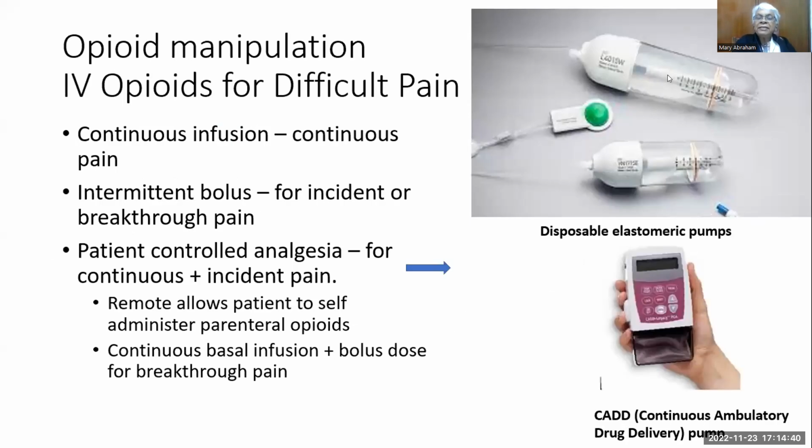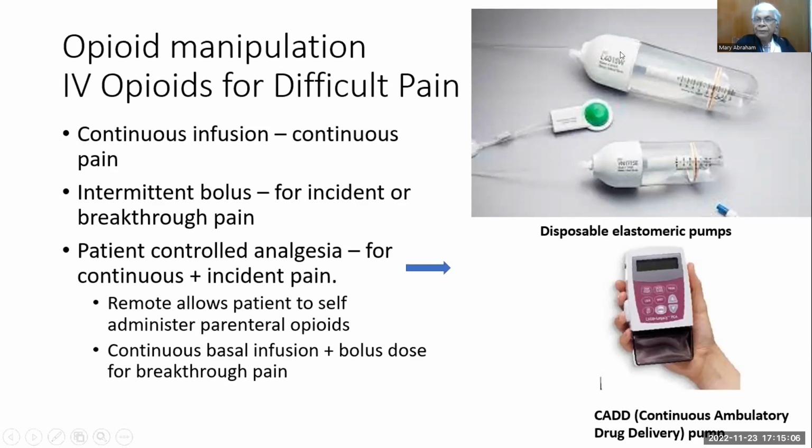So these intravenous opioids that you're giving for difficult pain can be given as a continuous infusion through a syringe pump for continuous pain. But if there is an incident or breakthrough pain, the patient may need, over and above that, an intermittent bolus. So in patient-controlled analgesia, you can treat both continuous and incident pain.